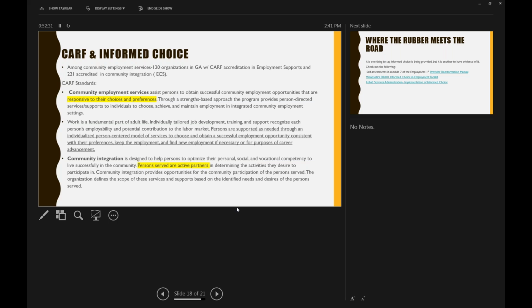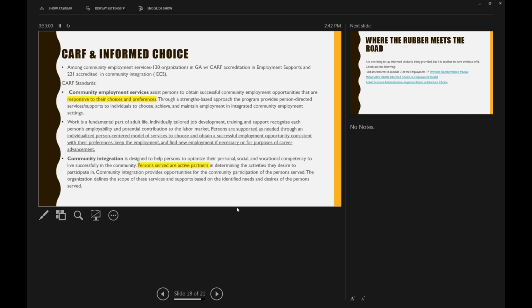So the CARF standards themselves reference using informed choice, and that community employment services are responsive to individuals' choices and preferences. The standards also mention that persons are supported as needed through an individualized, person-centered model of services to choose and obtain successful employment opportunities consistent with their preferences.